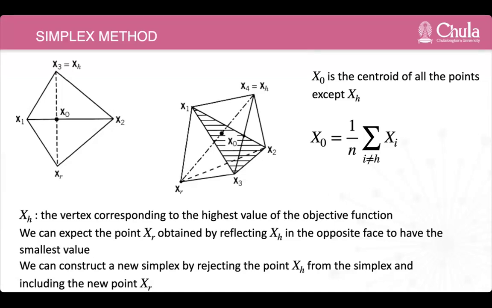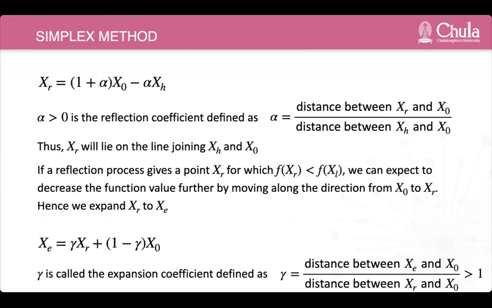And then the vector is from xh, which is the point with the highest value of the objective function, to the centroid. And how far should we go? We take alpha, where alpha is the ratio of the distance between xr and x0 to the distance between xh and x0.